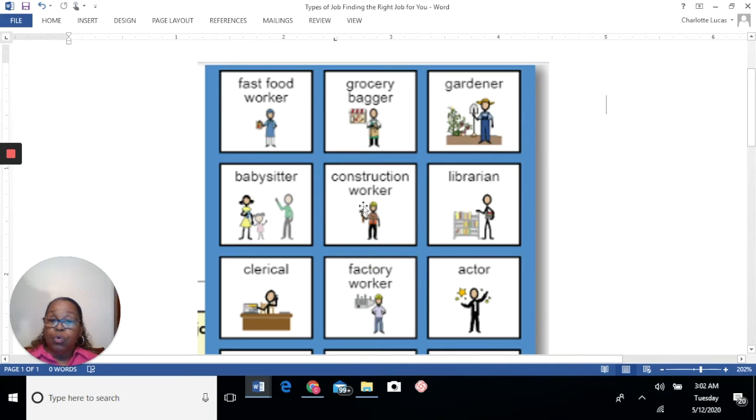A construction worker. You could be a librarian, and that's something I always wanted to do, was to be a librarian. It looks like a great job. You could do clerical work, sit at the desk, answer the phone, take notes, do files. That's a great job. A factory worker, that you'll be around a lot of people and you'll have a lot of people you can communicate with.